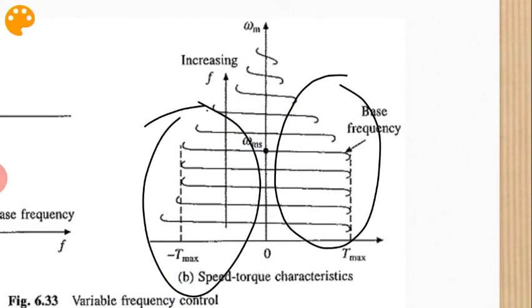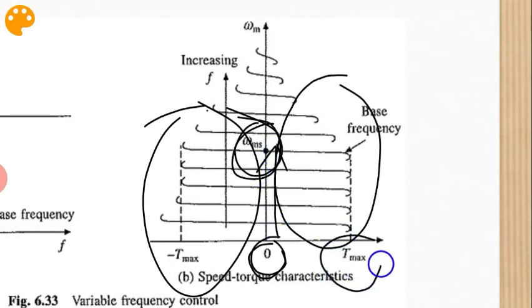From 0 to the synchronous speed, meaning the base speed, the maximum speed, omega ms, if you are observing the torque in both motoring and braking, the maximum torque you are getting.